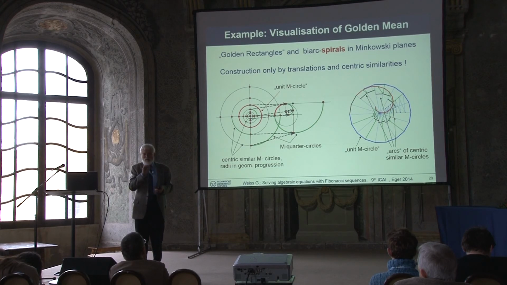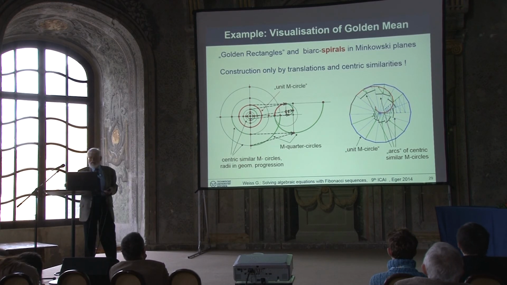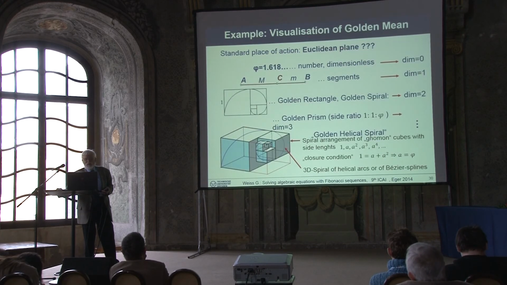So with the group of central similarities and translations, it is possible to do something which looks like what we are used to seeing as spirals.